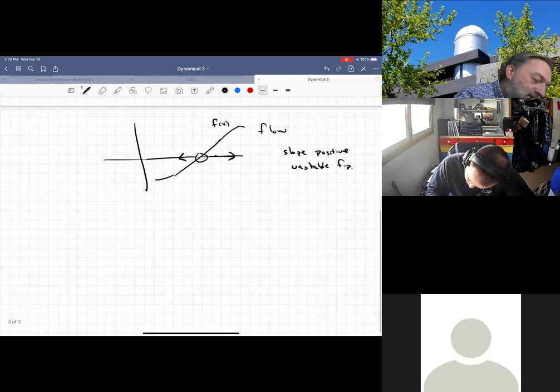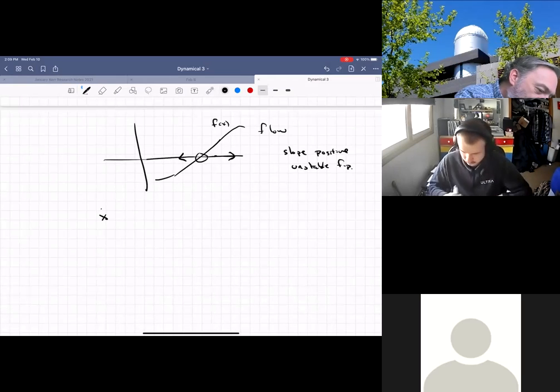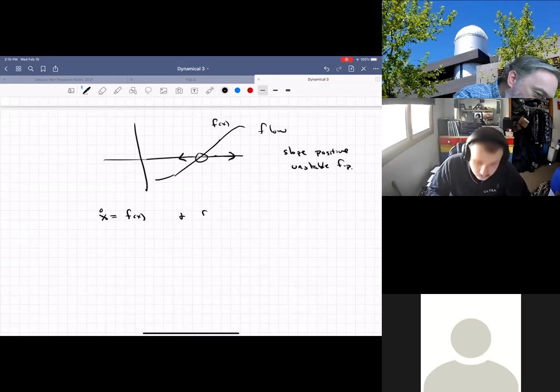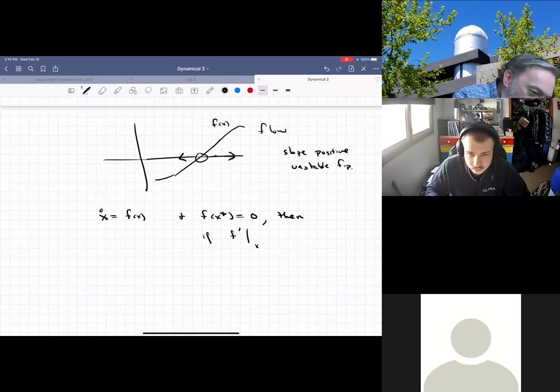So if x dot is f of x and f at x star is equal to 0, then if f prime evaluated at x star is positive, x star is unstable.